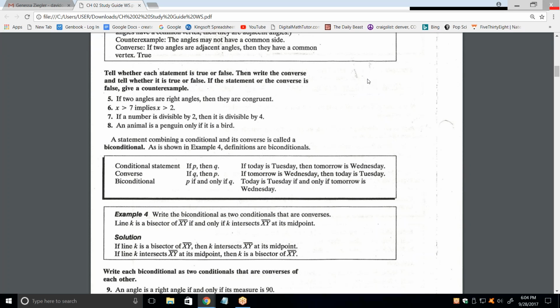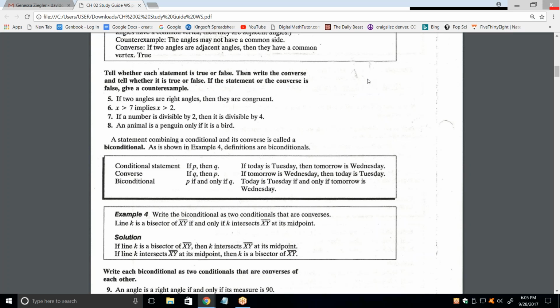Okay, an animal is a penguin only if it is a bird. True or false? False. I believe it's true. I believe a penguin is a member of the bird family, although I don't know how we're supposed to tell if this is true or false if we're not a professor of biology, because I was listening to NPR just the other day, and they were talking about penguins being remnants of dinosaurs.